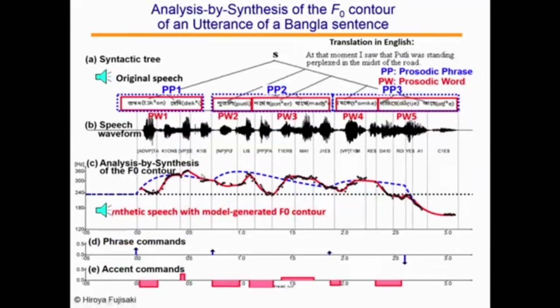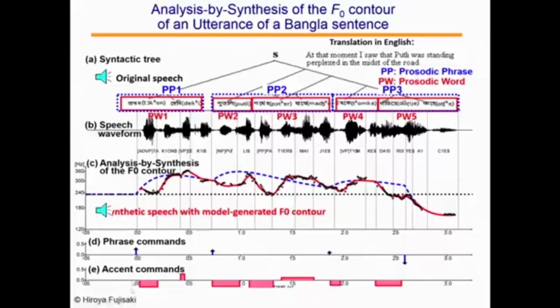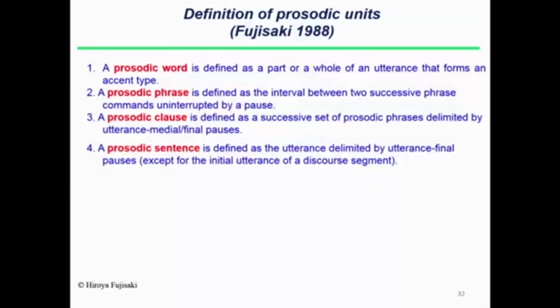It is not that a prosodic word consists of a single written word; several written words may form a prosodic word. So, the prosodic word is defined in spoken language, not per the written language. One accent type is defined as a prosodic word. Then he defined the prosodic phrase as an interval between two successive prosodic phrase commands.